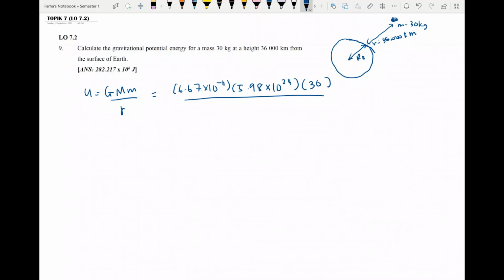So we need RE plus H. RE is 6.4 power of 6. H is 36,000 kilometer. So then we calculate, we get the answer 282.217 power of 6 joule.